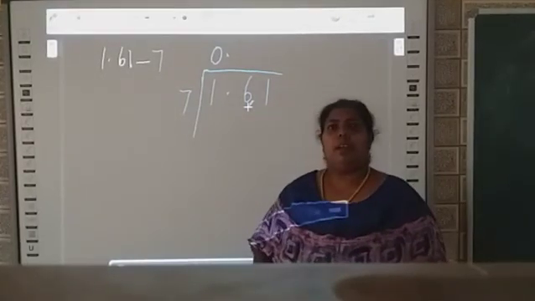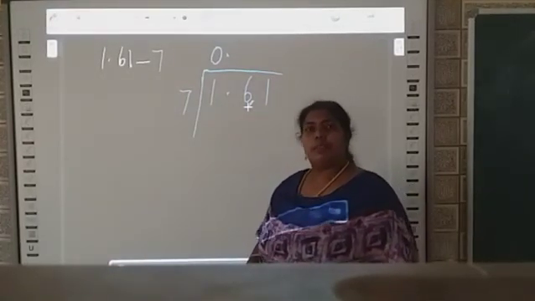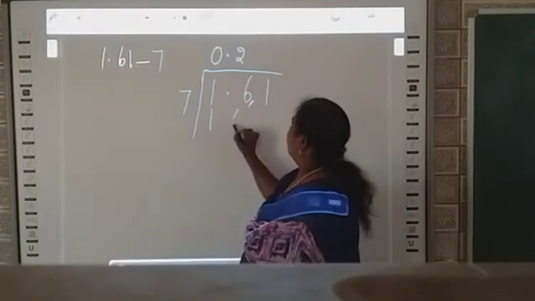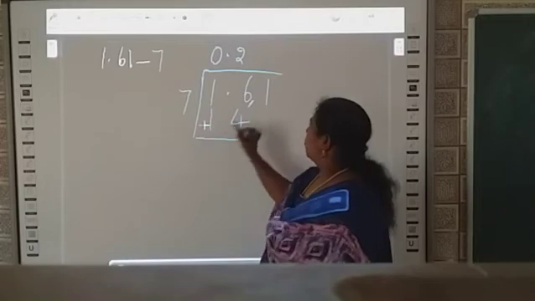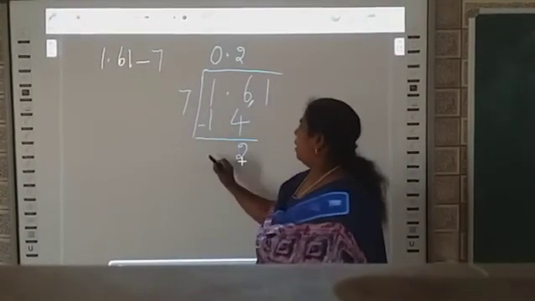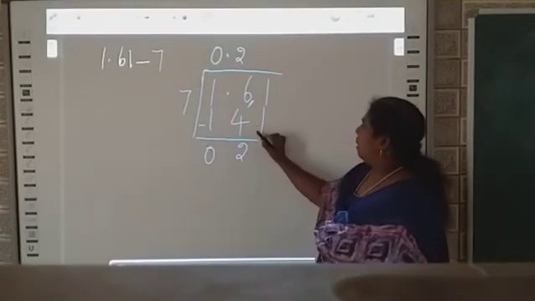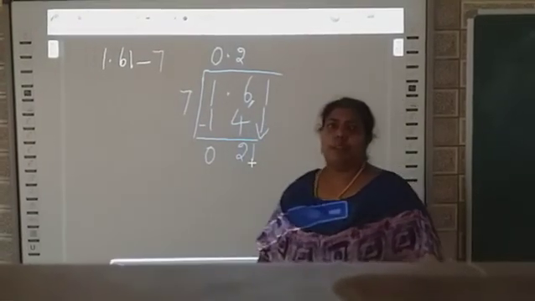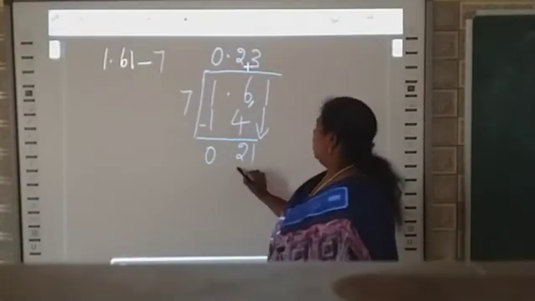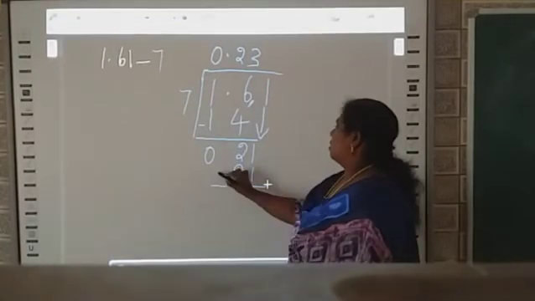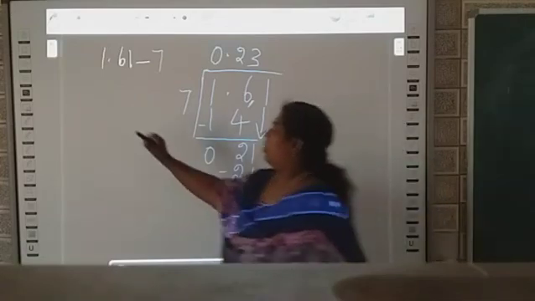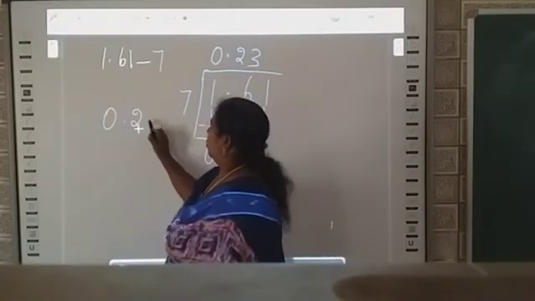So in the seventh table, how many times? 2 times 7 are 14. Subtract: 6 minus 4 is 2. 1 minus 1 is 0. Next number 1. Now 21. 21, how many times? 3 times, isn't it? 3 times 7 are 21. Subtract, 0. So the answer is 0.23.